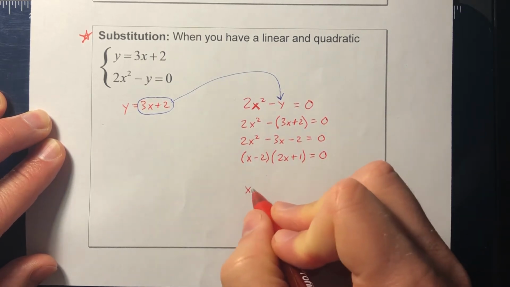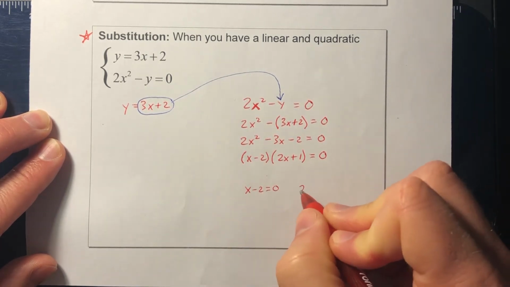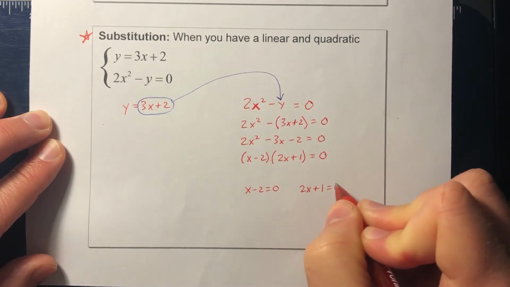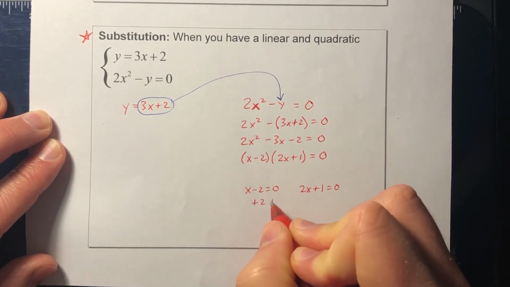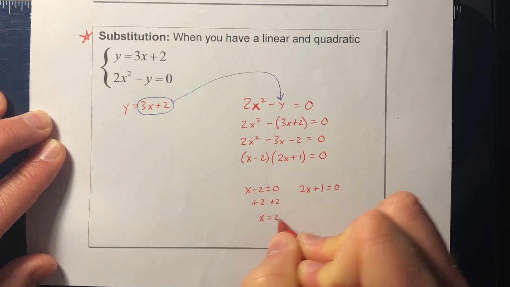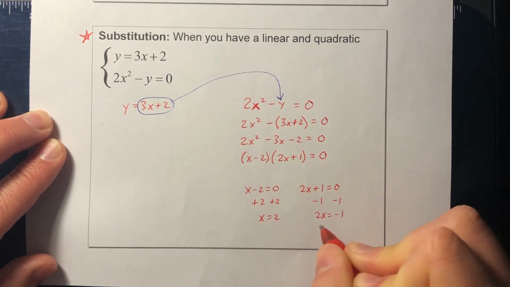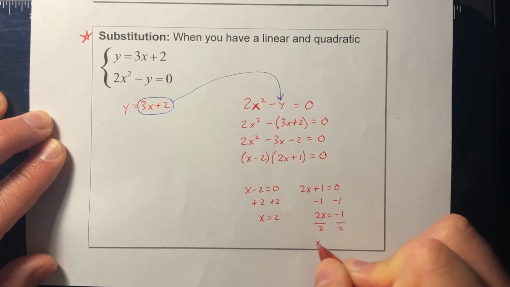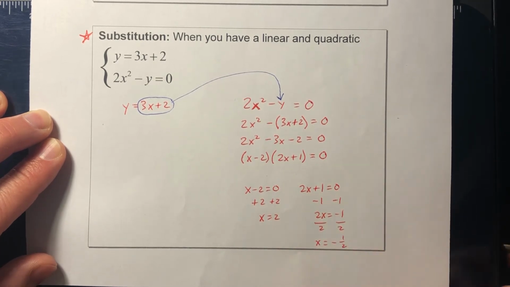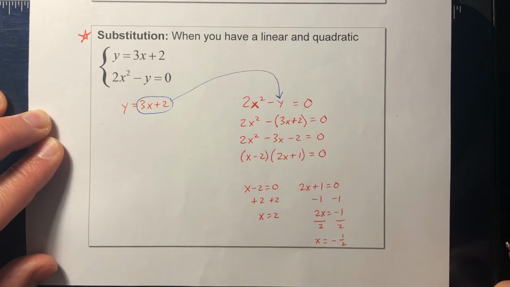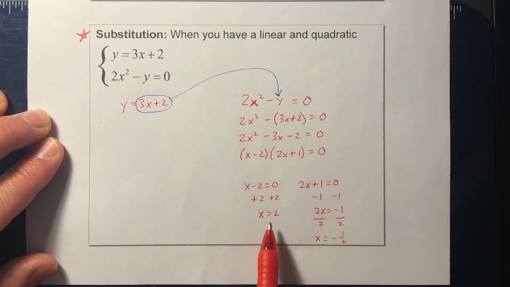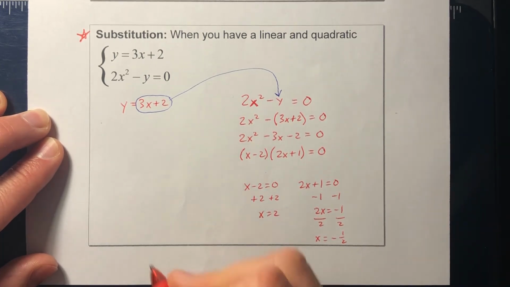Then we would set each one of these equal to 0 and solve for x in each case. At this point, we have x equals 2 and x equals -1/2. So we're going to get two solutions.